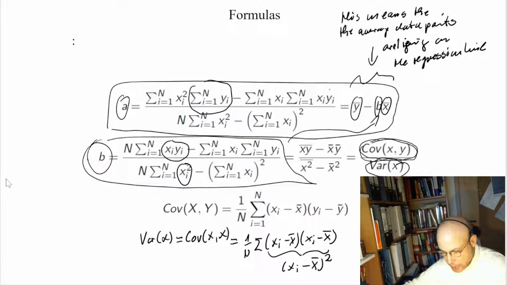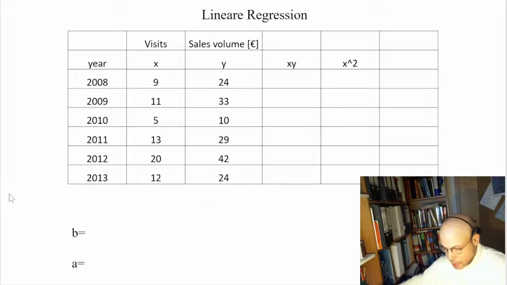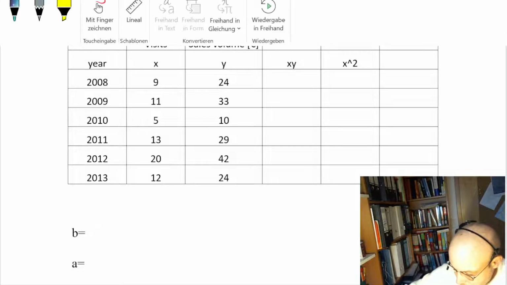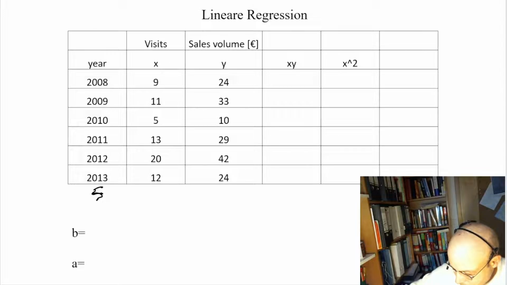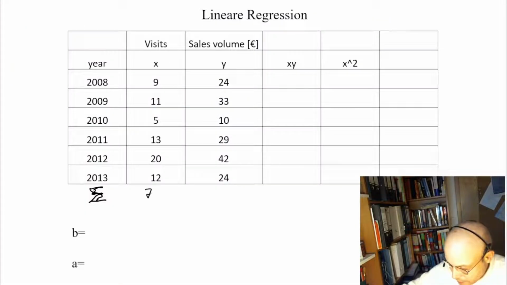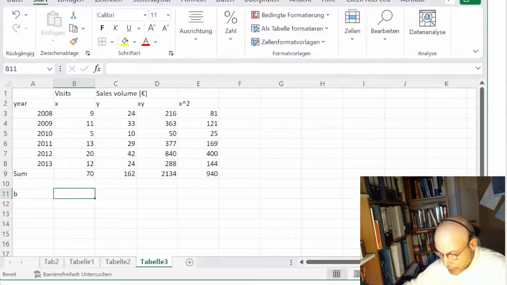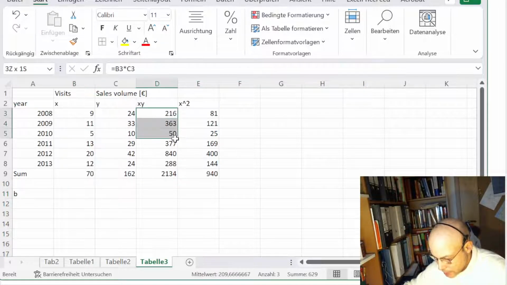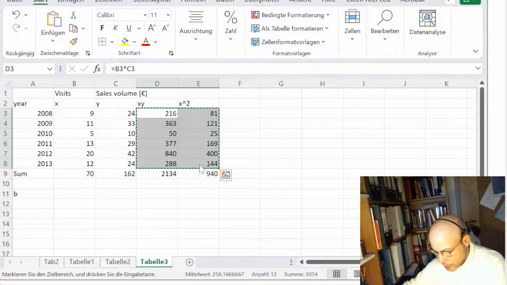So if we have the sums, then we have 70, 162, and let's put this in here.